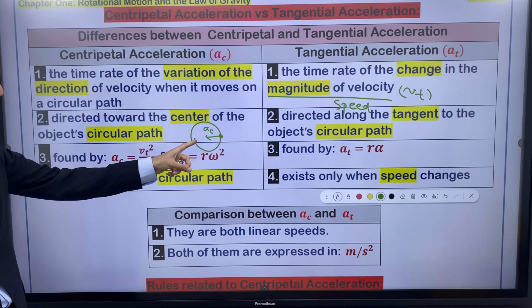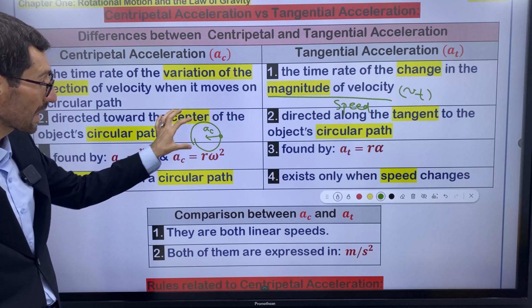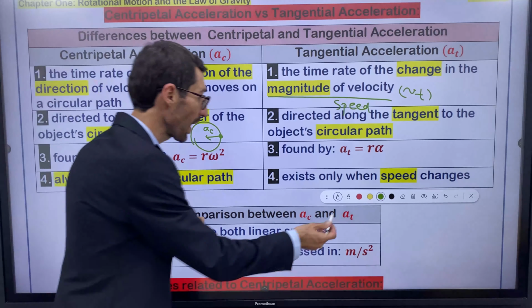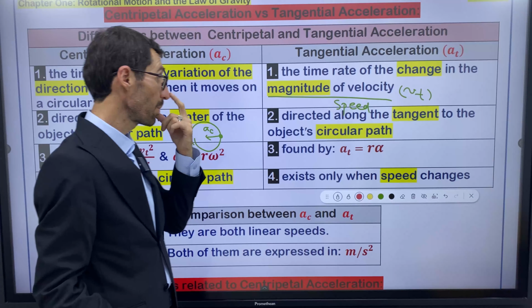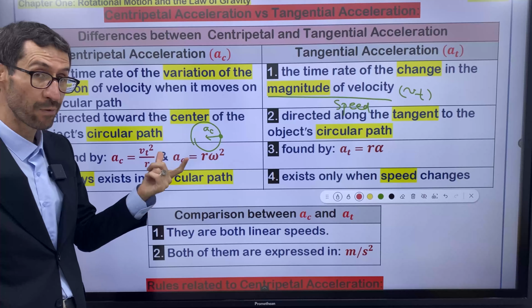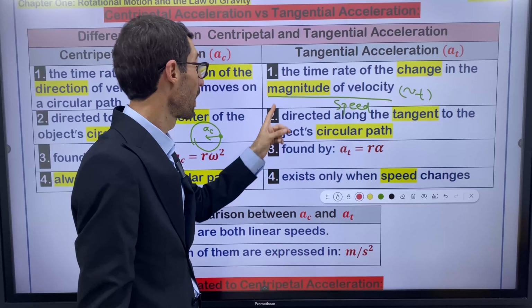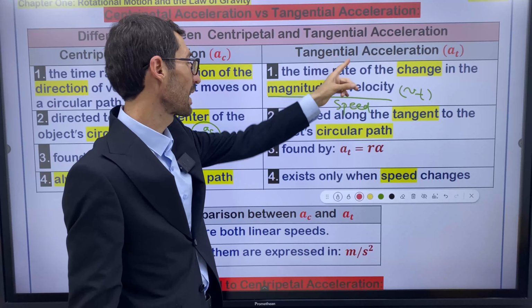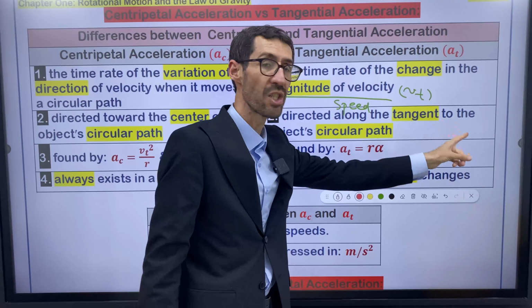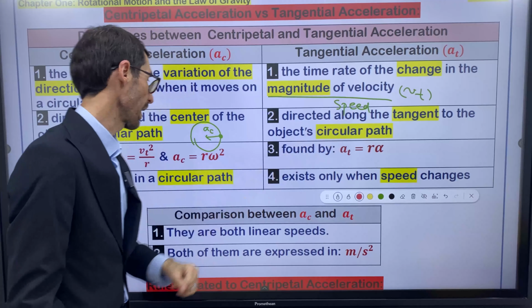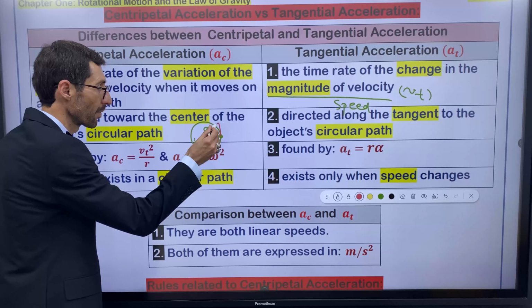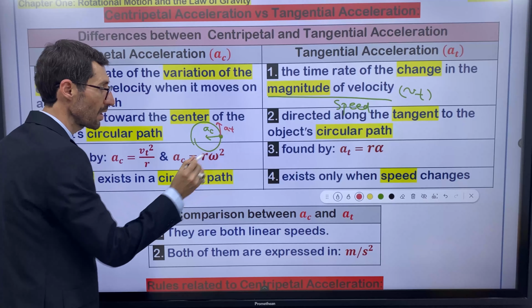This is the AC. On this diagram, I want you to determine the direction of AT for me. It's clear from its name. So the direction of AT is along the tangent to the circular track, like this. This is AT, you see?